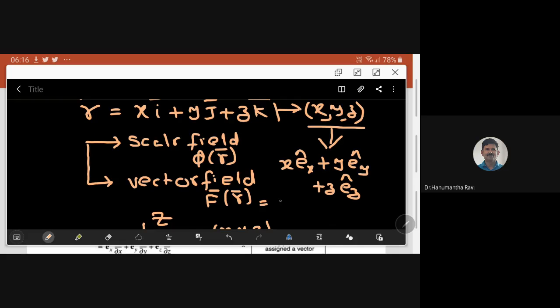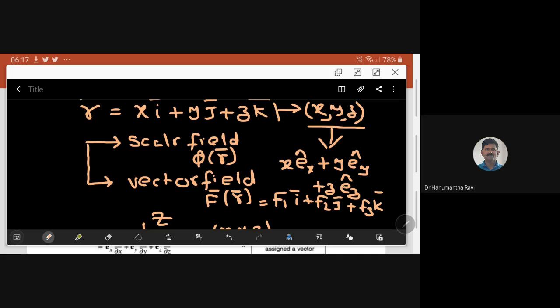Then, as I told you, this has components along i bar, along j bar, and along k bar. You can resolve that one and project along that idea. So the components you can get, and some people may write like this: F1, a function of x y z, into i bar, plus F2, a function of x y z, into j bar, plus F3, a real valued function of x y z, into k bar.